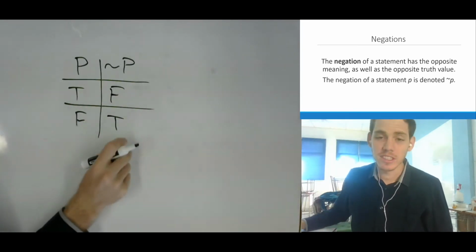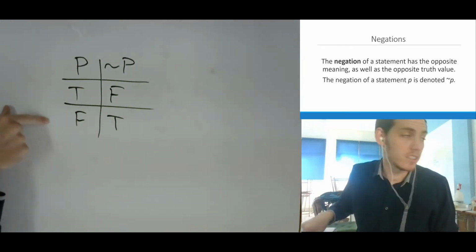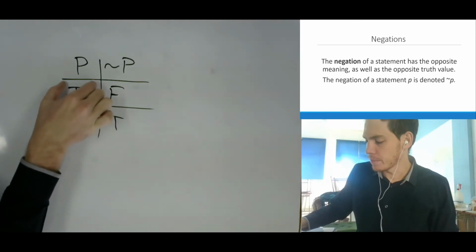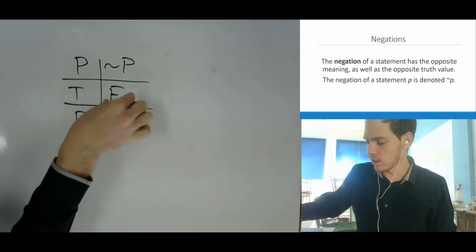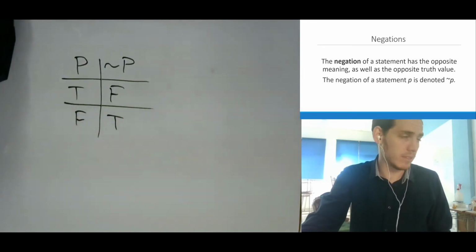When P is false, the negation is true. It's the opposite truth value. When our statement P is true, the negation, the opposite, has the opposite value, or it's false.